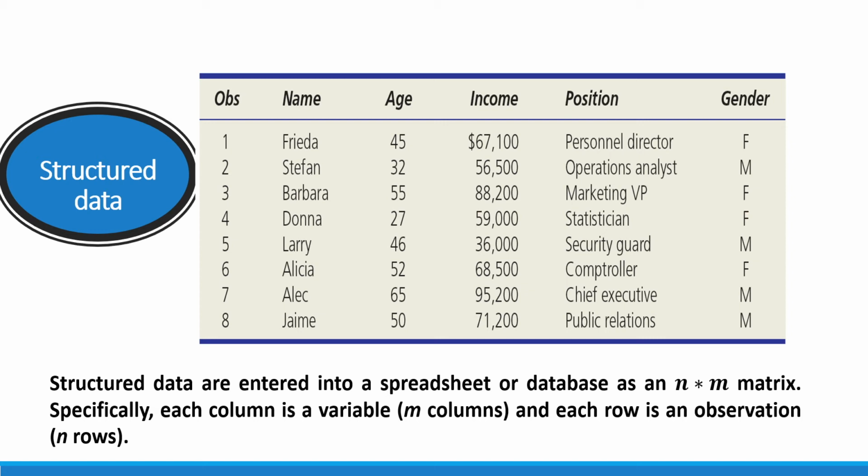So structured data are entered into a spreadsheet or database as an n times m matrix. We have here n rows and m columns. We have here n equals 8, we have 8 rows, and m equals 5, we have 5 columns.